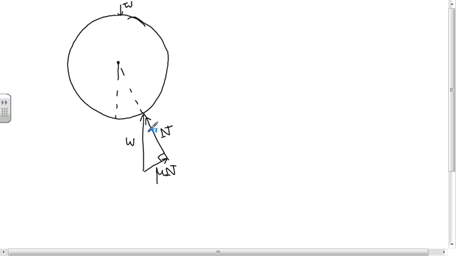If we're trying to figure out this angle, that angle is equal to the inverse tangent of mu N over N, which is just the inverse tangent of mu.